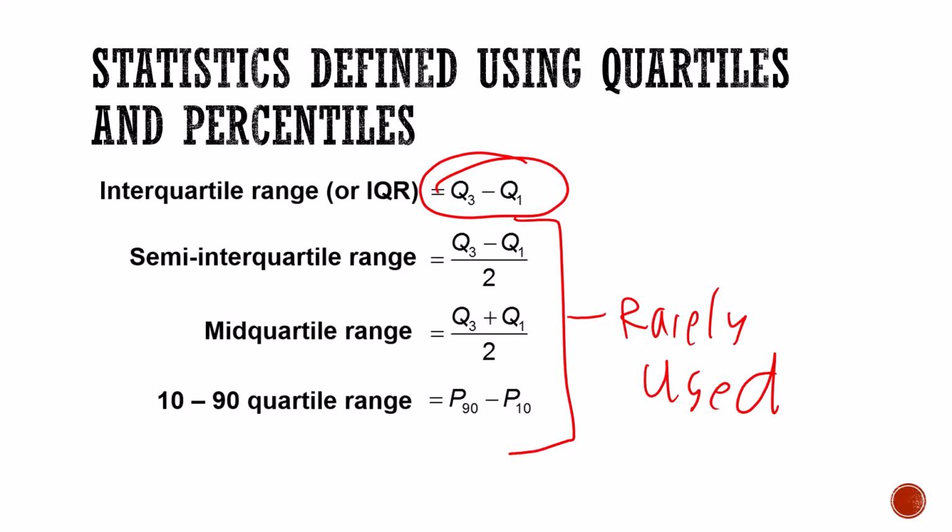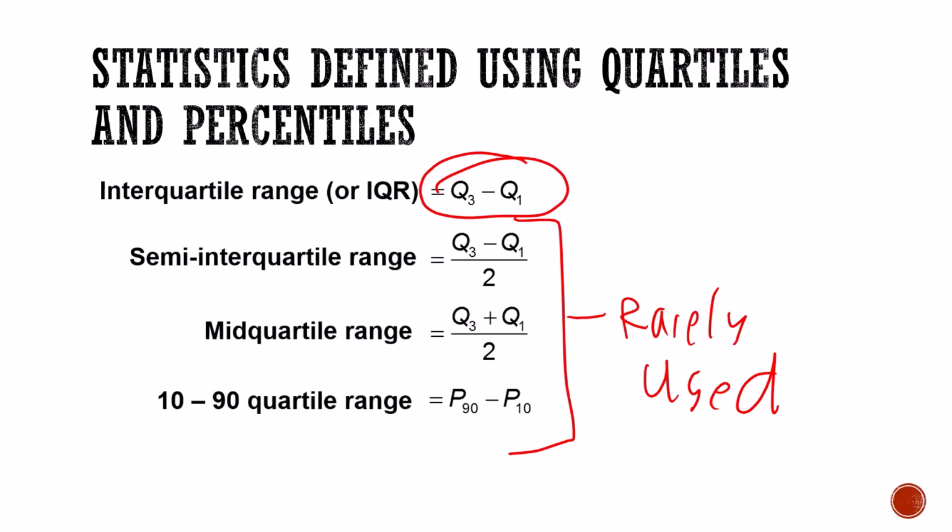This is called your interquartile range. How do we get a range for a set of data? You subtract the smallest piece of data from the largest. Well, the interquartile range does the same thing, except it does Q3 minus Q1.